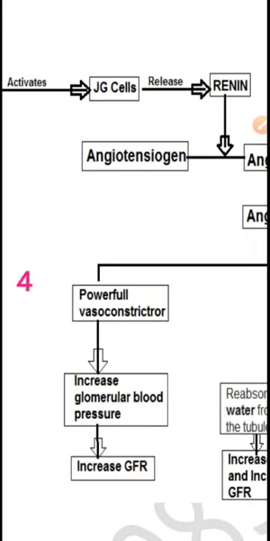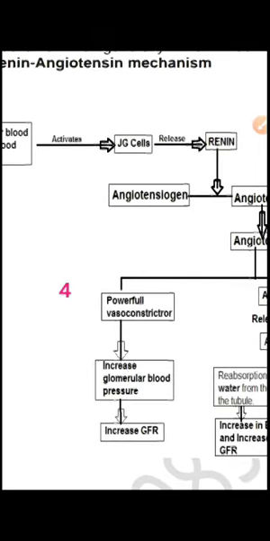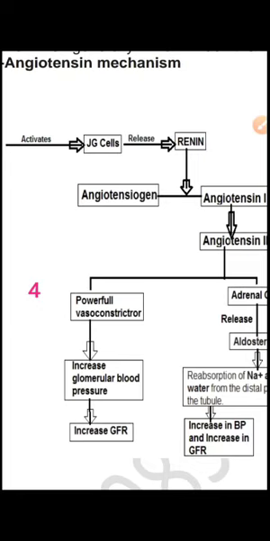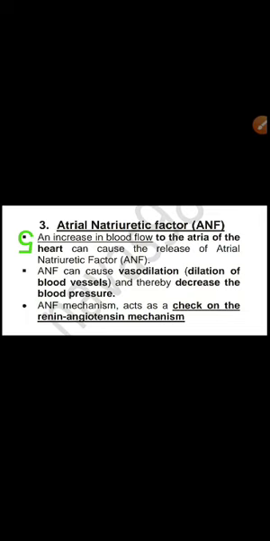It can directly act upon the blood vessels too, as it is a vasoconstrictor, which can help in the contraction of blood vessels and thereby increase BP and increase GFR. That means increase the formation of more urine. So renin acts when the BP is low, and this increases the BP and increases the GFR.